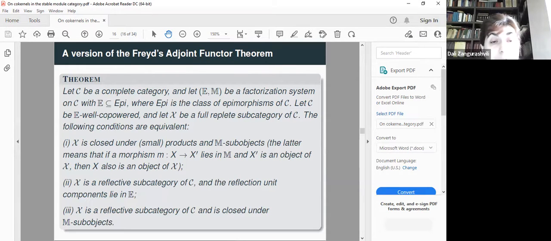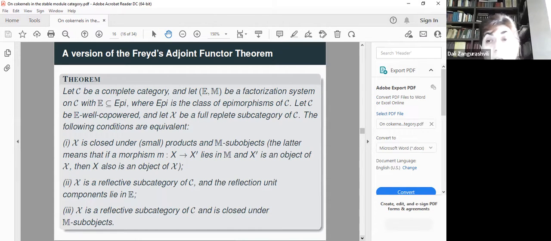The second condition asserts that X is reflective, and the units lie in E. And the third condition is that X is a reflective subcategory of C and is closed under M-subobjects.